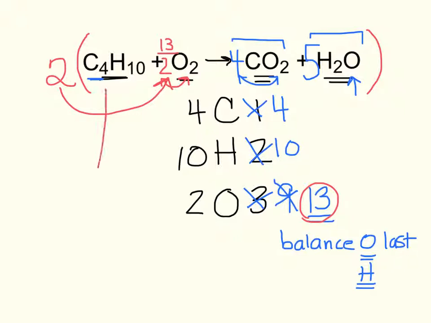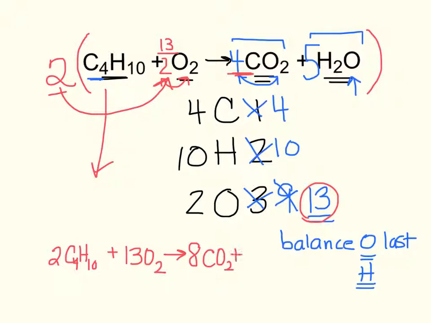So our final equation would end up being 2 C4H10s, plus 13 oxygens make 4 times 2, now 8 carbon dioxides, plus 5 times 2, 10 molecules of water. And we can double check everything.